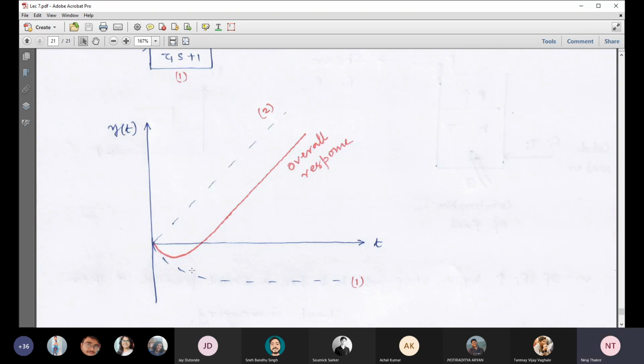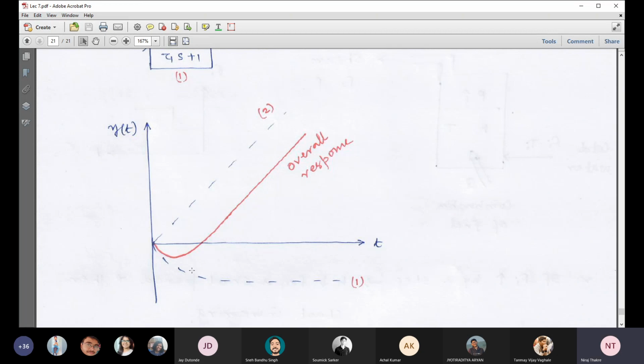From this graphical representation, can we extract any comment? Why is it inverse response? Anyone? You got my question? Our title is dynamic inverse response of a system.